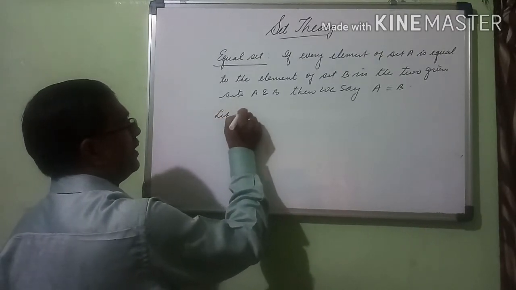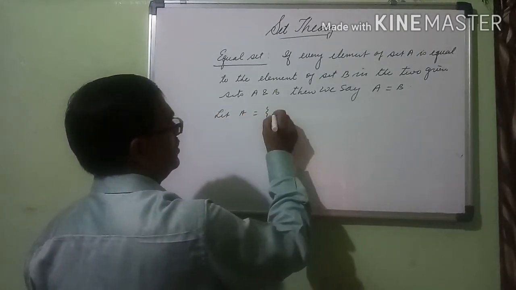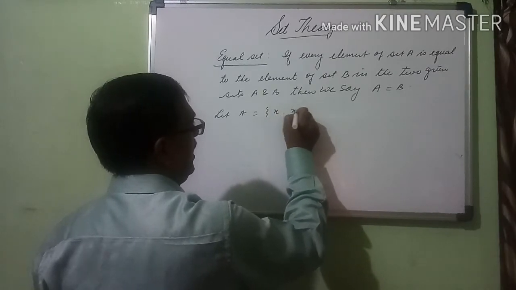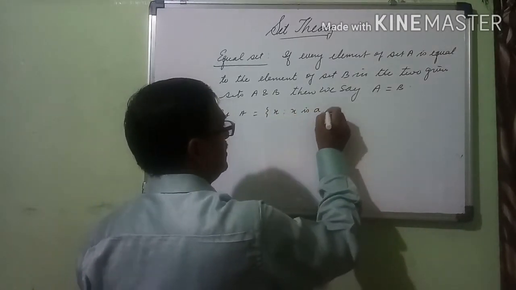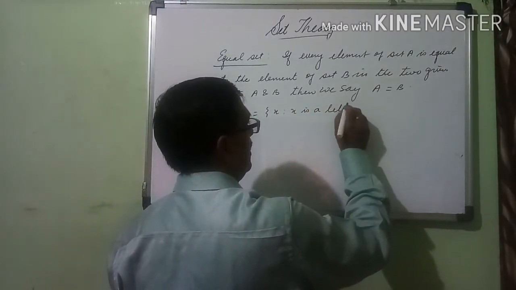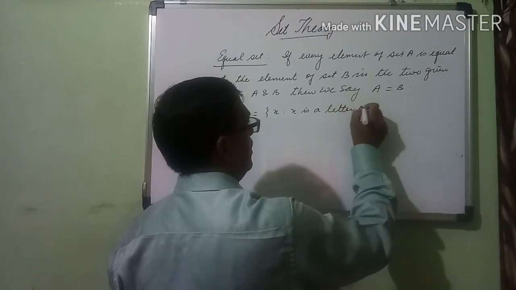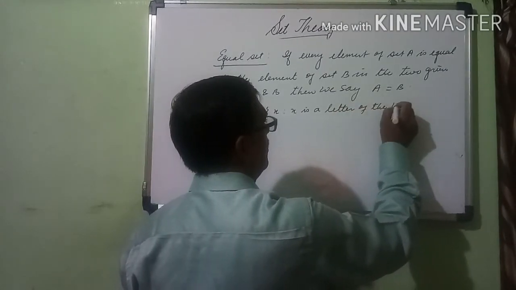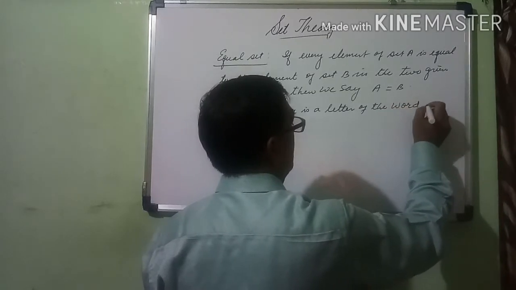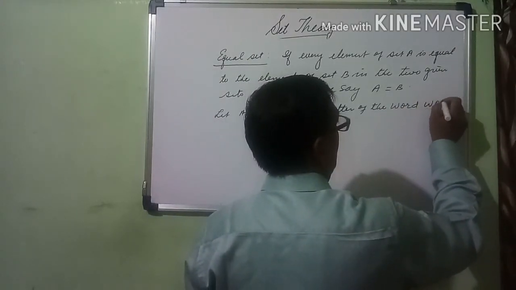Let A is equal to x such that x is a letter of the word wolf.